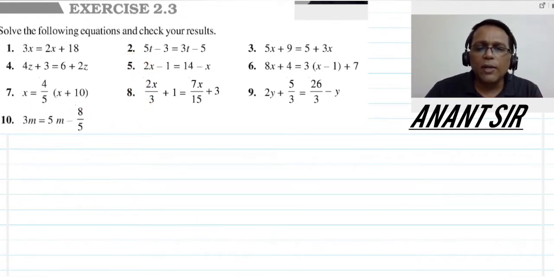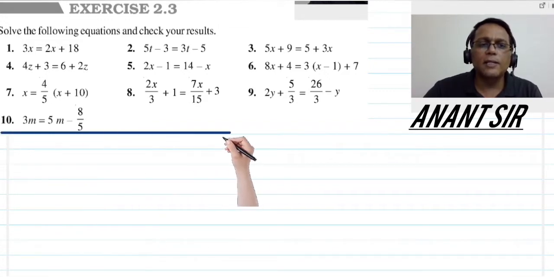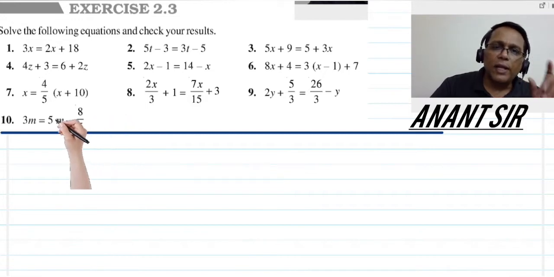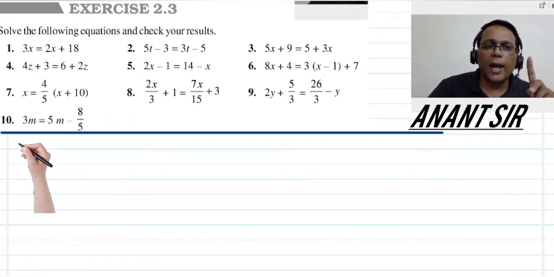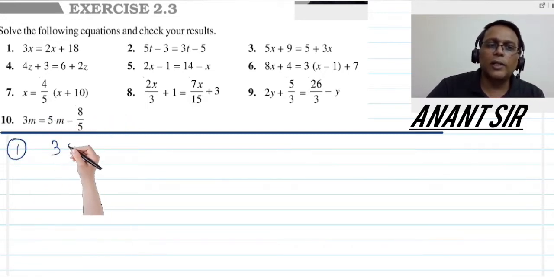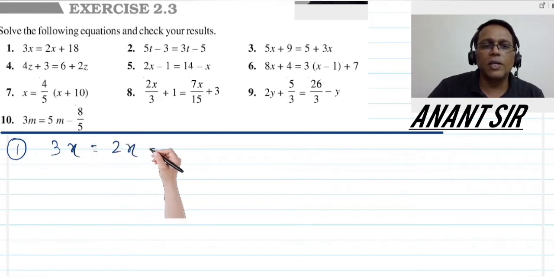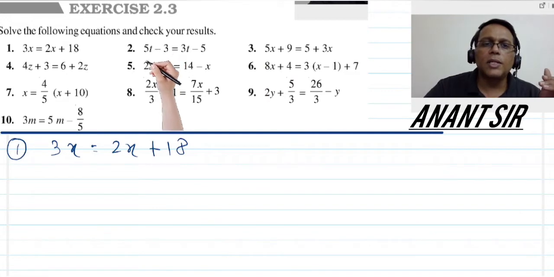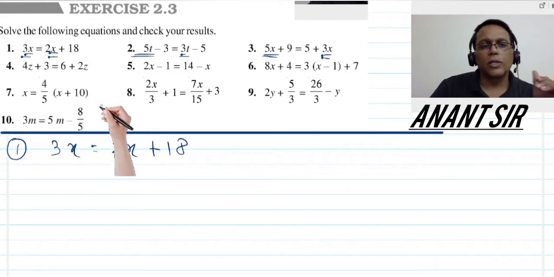What is the difference between the earlier exercise and this exercise? In the earlier exercise, the variable was at only one place, either in the LHS or in the RHS. Here you can see in most of the examples, or maybe all, the variable is on both sides. So 5x, 3x, 3x, 2x. That is the only difference.